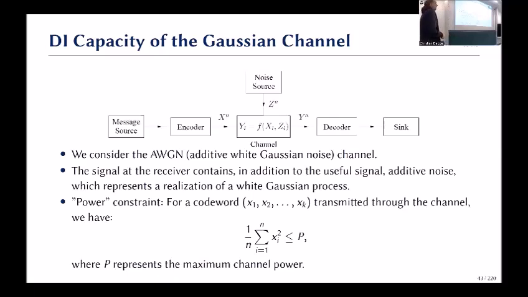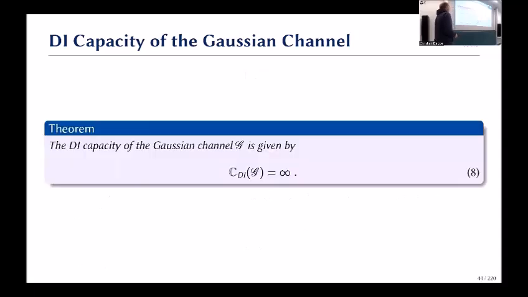And of course, our signal has additive noise, white Gaussian, and it's a realization of a white Gaussian process. And of course, to make it realistic, we use the power constraint. That was the reason why we proved the result for the discrete memoryless channel also with some kind of power constraint. And we can show that in this case, if we look at the capacity, it is infinity.